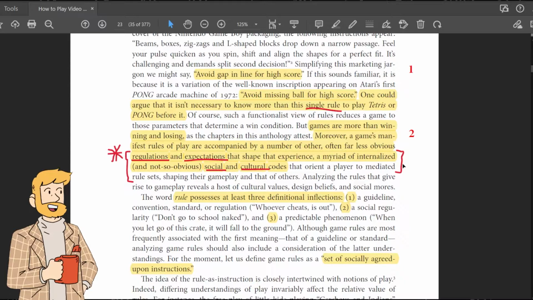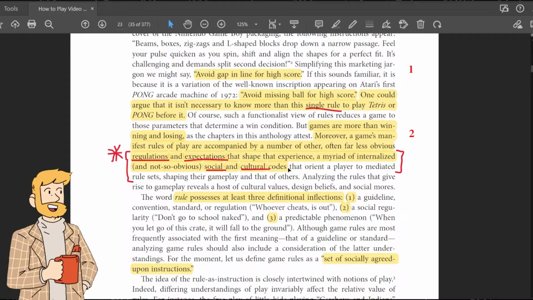A myriad of internalized and not so obvious social and cultural codes. Nohr wants to make the case that we also need to think about these kinds of less obvious social expectations and regulations that we could, in fact, call rules, and which do, in fact, constitute a large part of how we choose to play games.